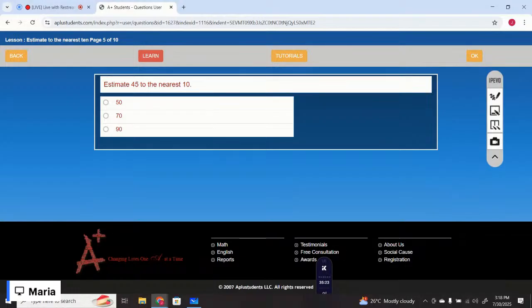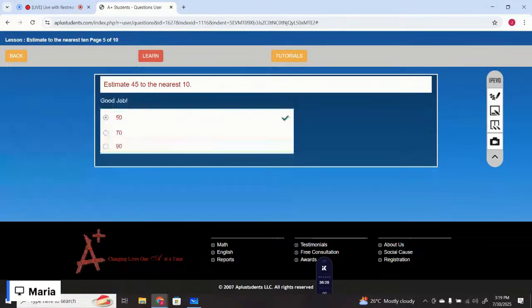Estimate 45 to nearest 10. So 45 is rounded to 50.